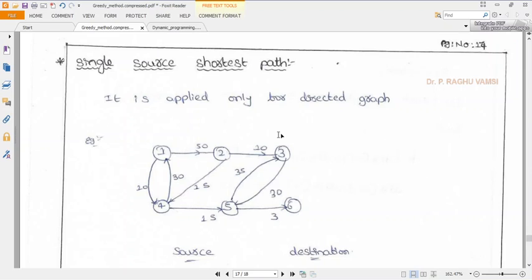For every local solution, we have some local conditions, and these local conditions have to be satisfied. This greedy algorithm is done in stages, step by step. In every stage, you check for the local optimal solution. This is the way of going about the greedy method.